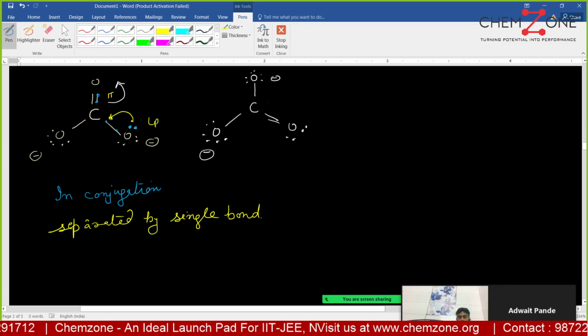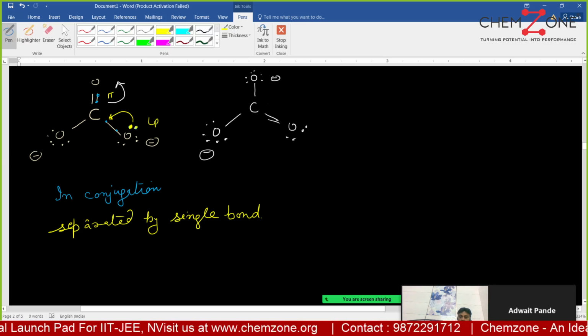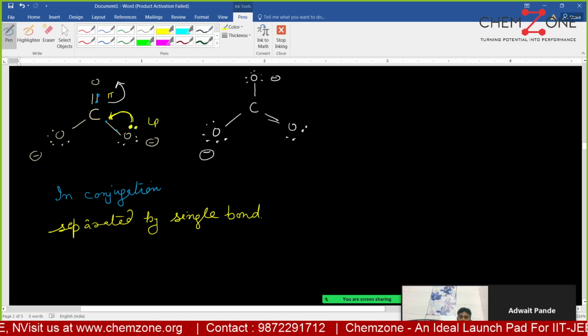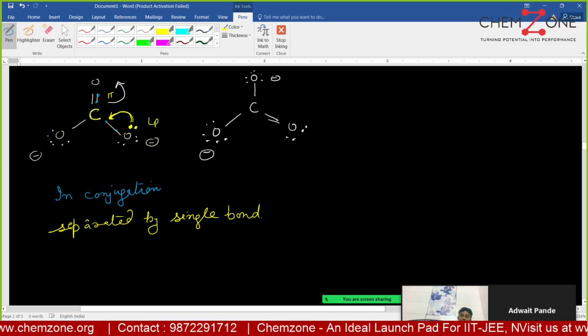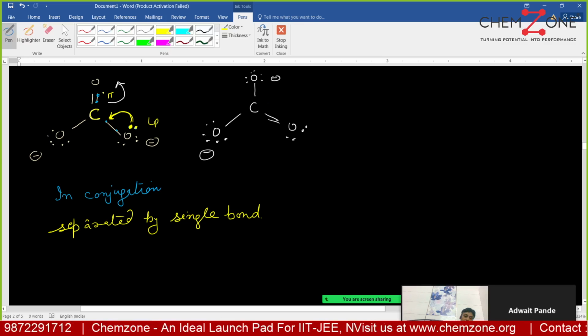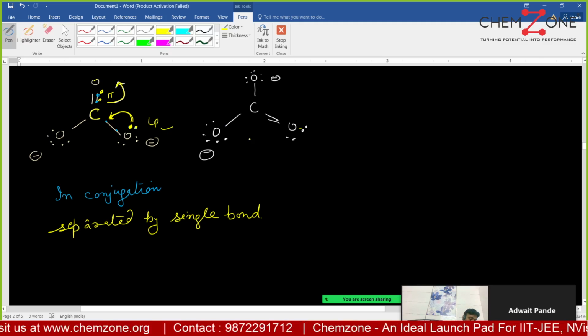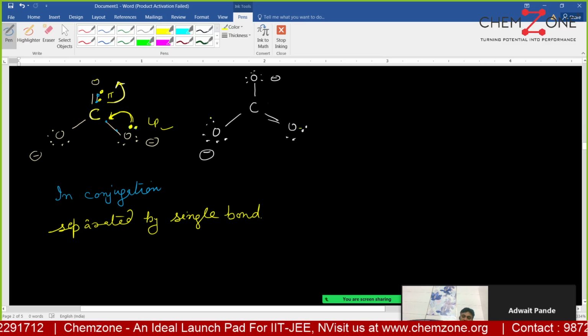See, if this pair that I'm highlighting in yellow comes in between here, this carbon will start making 5 bonds. But carbon cannot make 5 bonds. So this pi electron will shift over to the next one. And so the oxygen will become negative, and this oxygen will no longer be neutral. This electron comes over here, so this will shift now.